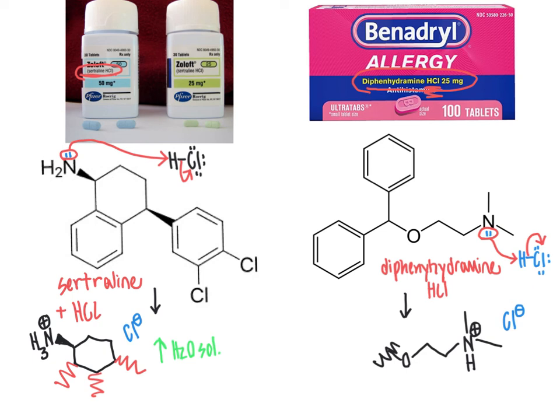Now, there are specific structural features of amine groups that can make them more strongly basic or more weakly basic. And that's what we're going to look at in the next videos.